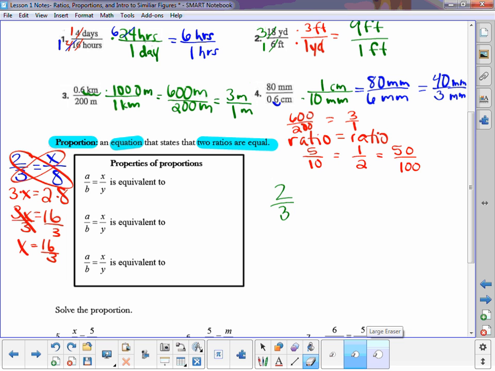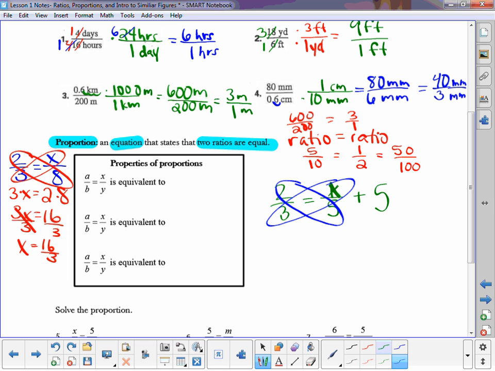What if I had 2/3 equals x over 5, plus 5? Can I cross multiply this here? Right, we need to have it one fraction equal to one fraction. I would need to subtract my 5 or get a common denominator, bring it to where it's one fraction equal to one fraction, then you can cross multiply.